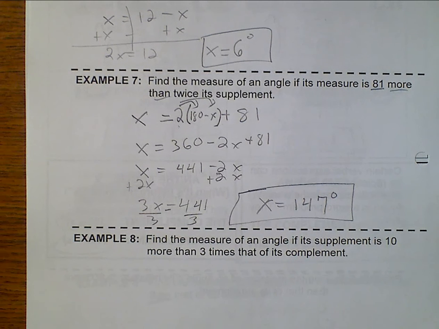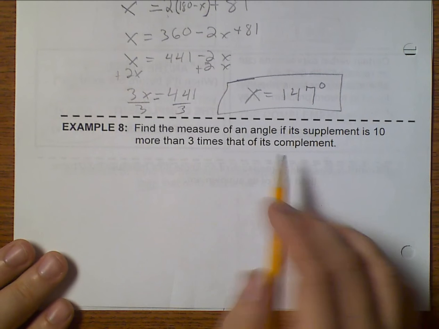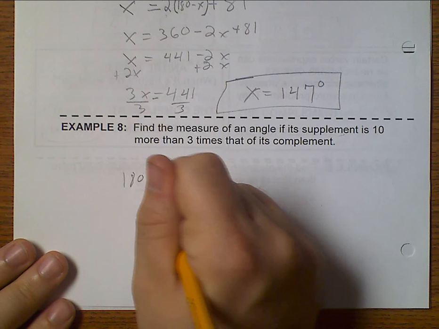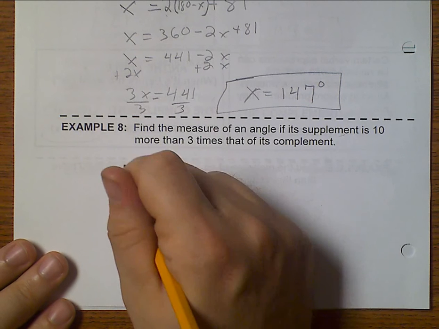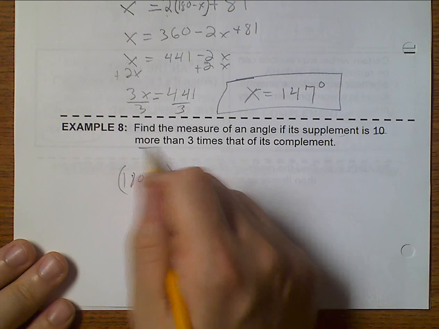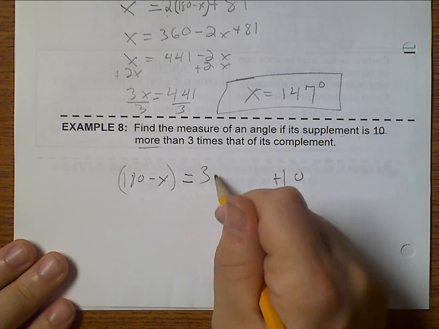And now number 8. We're going to find the measure of an angle if its supplement of an angle is 10 more than 3 times its complement.